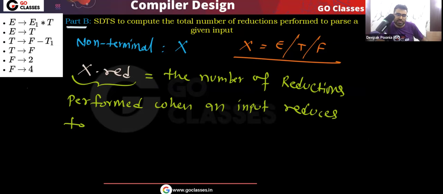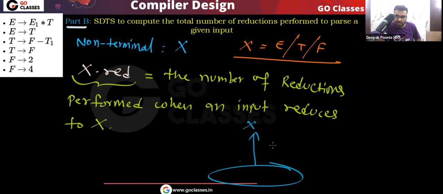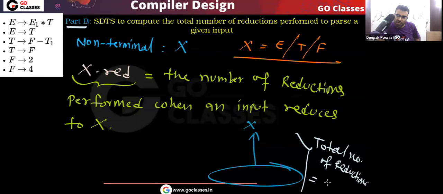Whenever any input reduces to x, what is the total number of reductions? That is your x.red. Is this clear? The total number of reductions, that is your x.red. I hope you understood this.